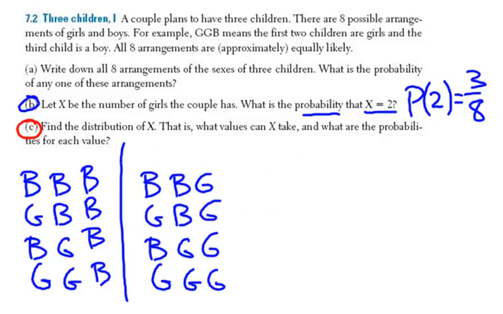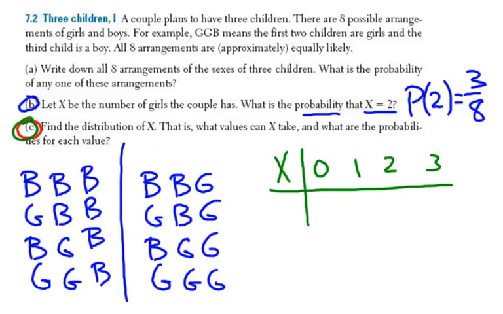For part C, I'm going to take part C in green. I'm going to make a probability model like we were talking about. So what are all the values that X can take? Well, they could have 0 girls, 1, 2, or 3. And now the bottom of this model has to be the probability of each. There's only one way right here that I can get no daughters.